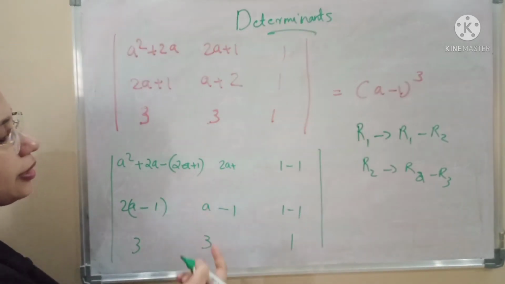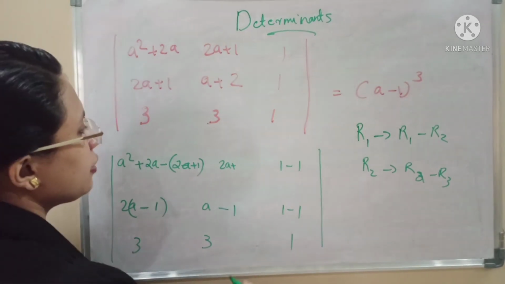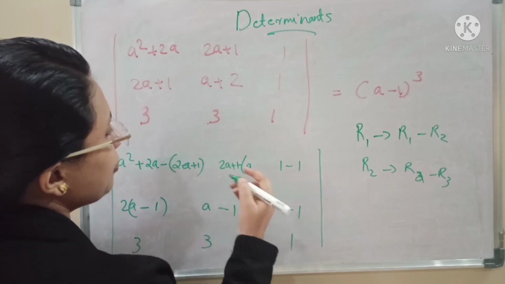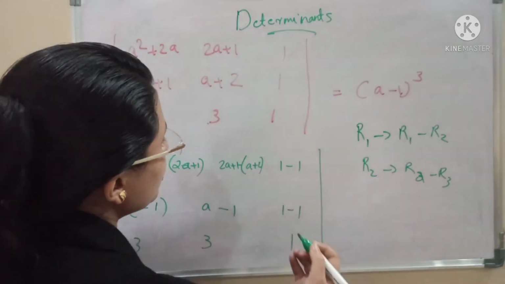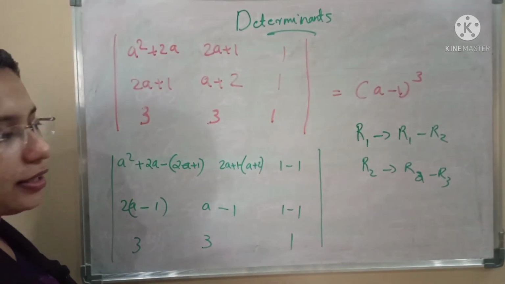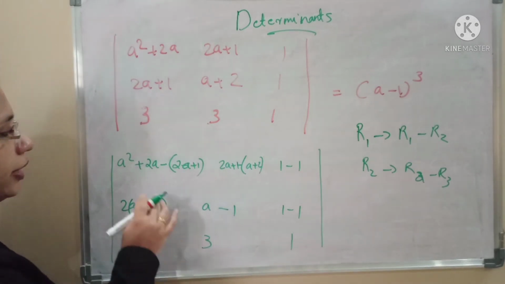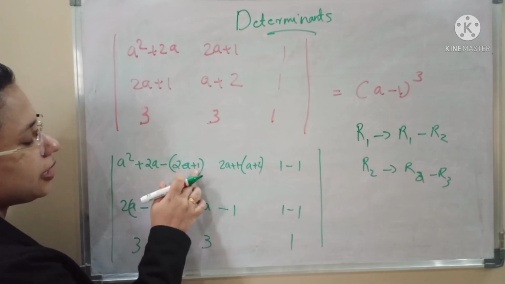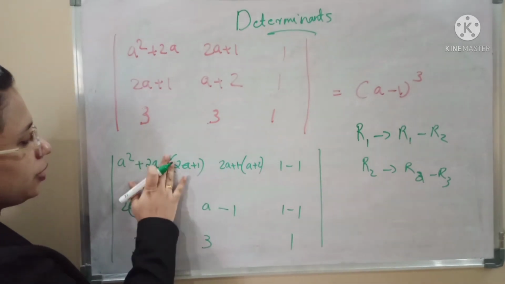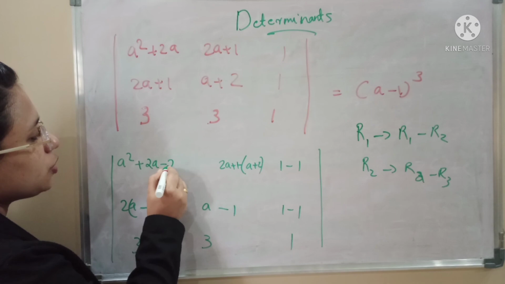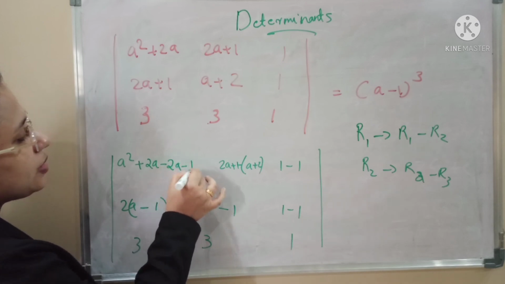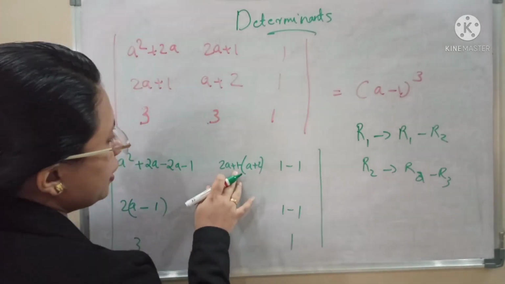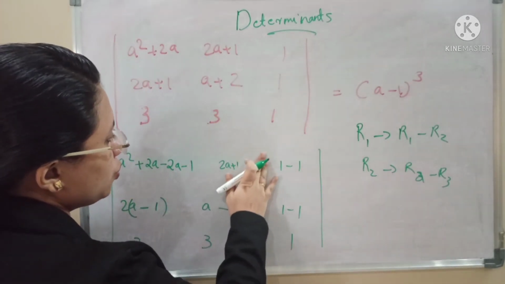If we are not putting the bracket, the whole thing will go wrong. Whenever a minus comes before more than 2 terms, please put a bracket, otherwise it will be wrong. Okay, so minus into 2a is minus 2a, minus a into 1 minus 1, so this is going to be minus 2a minus 1. Clear? Also here this will be minus a minus 2.